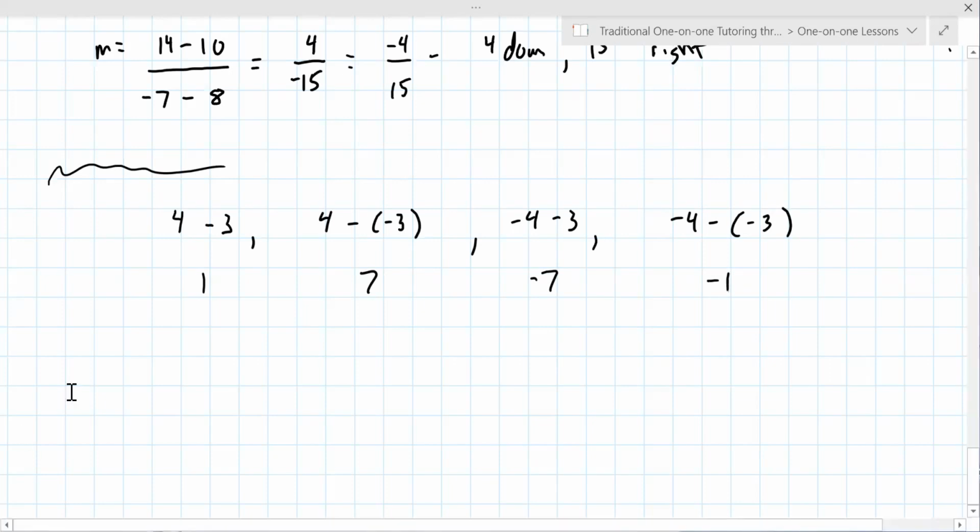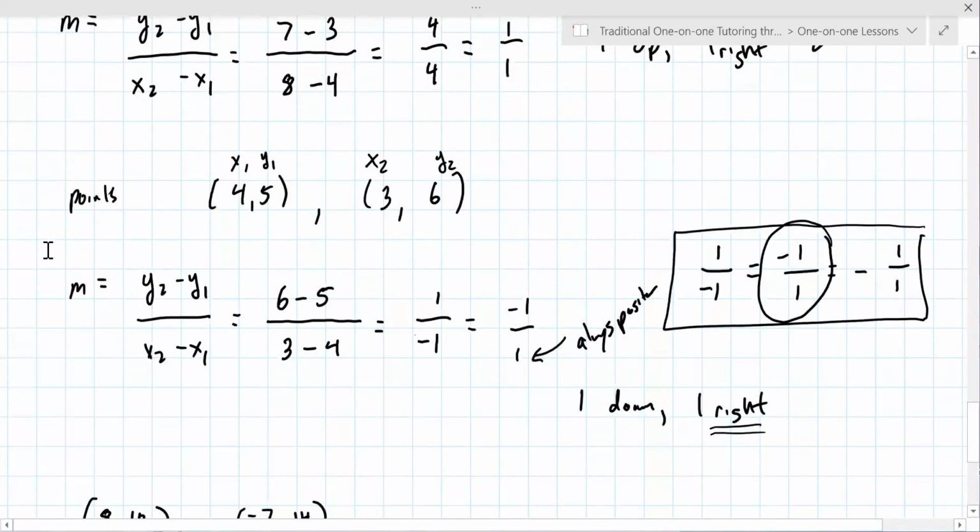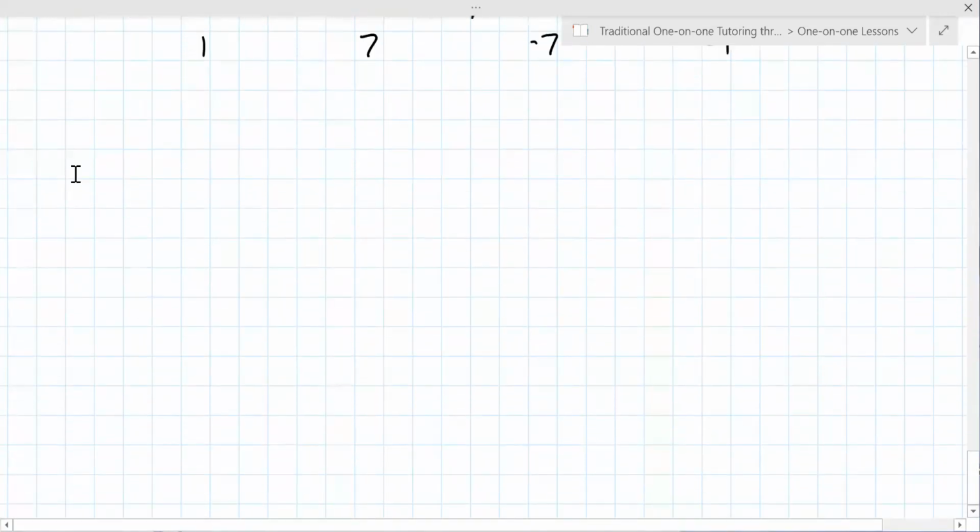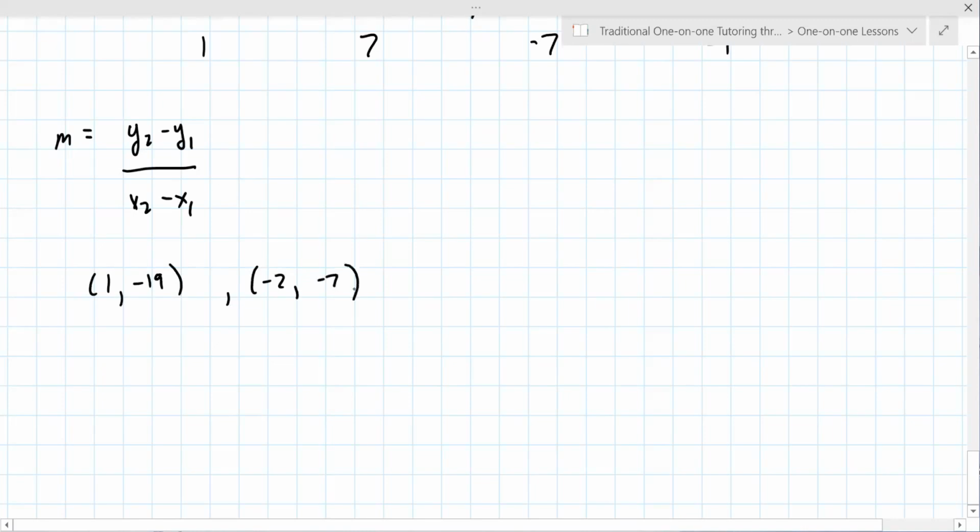So in the slope formula, one of the things that I do as a preference is I like to substitute for variables, but I do it in parentheses, especially when x1 or y1 are negative. So in this next example, I'm going to give you the points 1 comma -19, -2 comma -7.